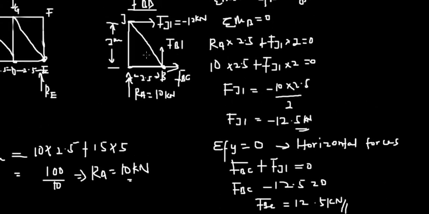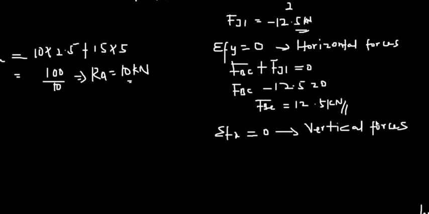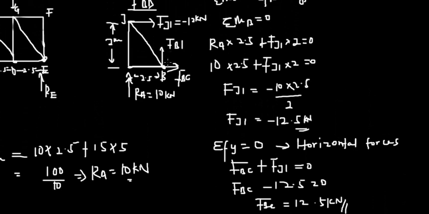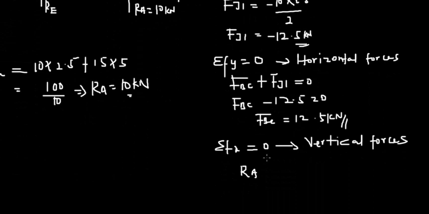We have RA and FBI. They are both acting in the positive direction, and then we equate that to 0.